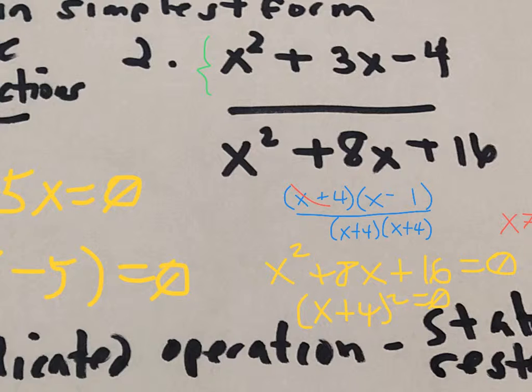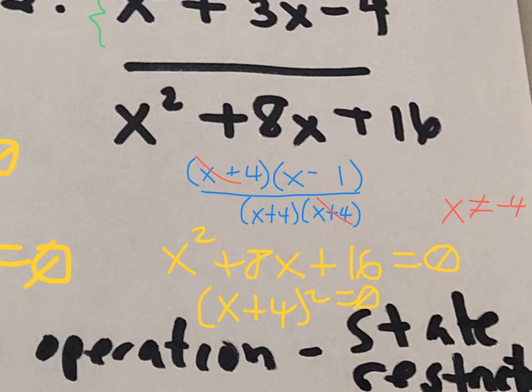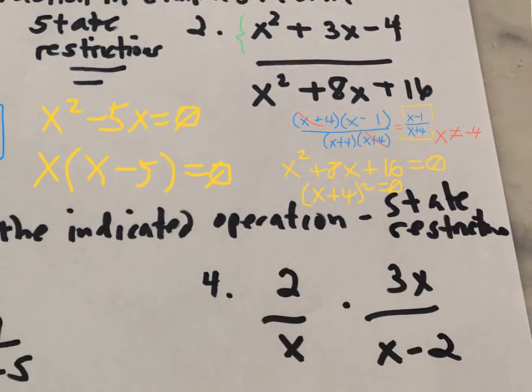And of course these cancel, and you are left with x minus 1 up top and x plus 4 down below. That is the final simplified answer for problem number 2.